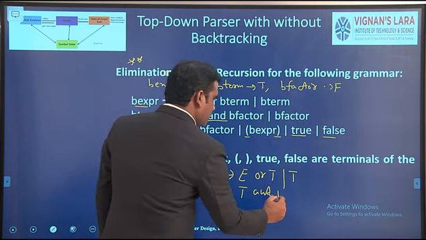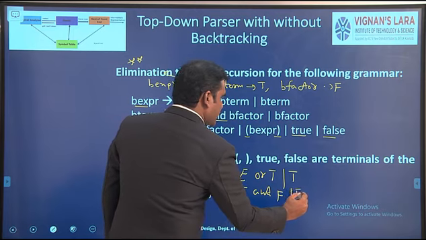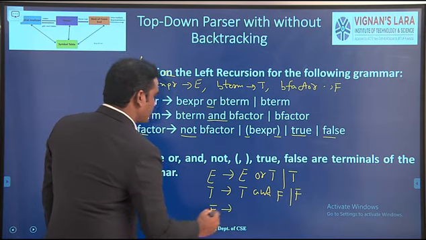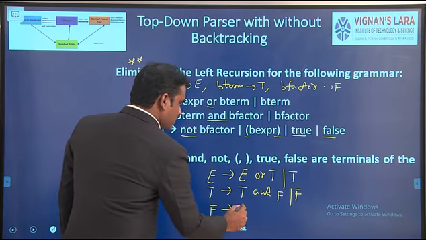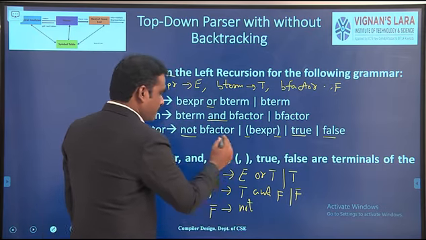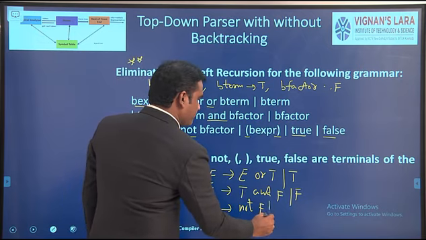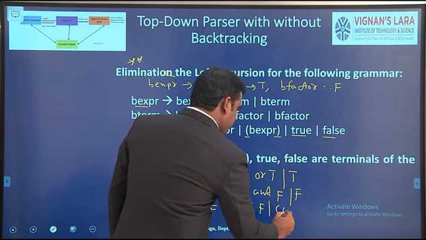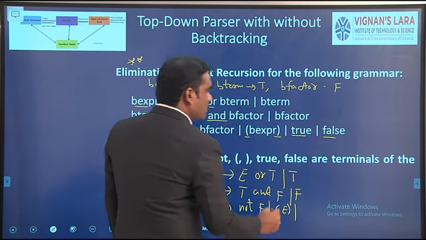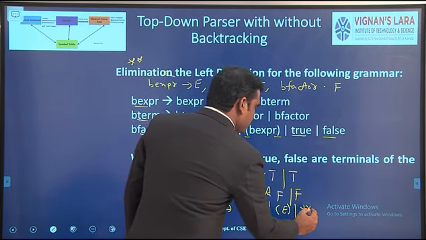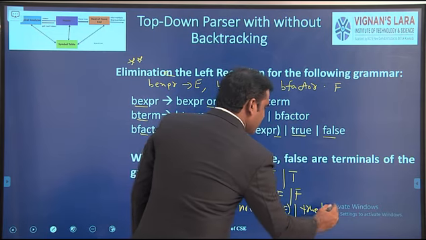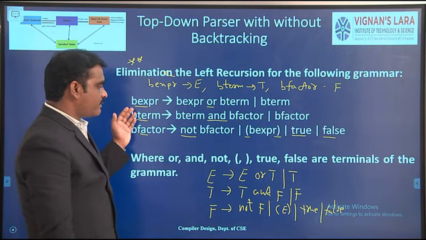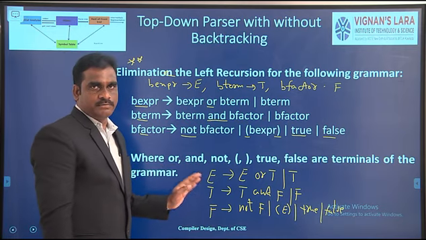B factor means F. Again F. F → not F, F. Not is a terminal. B factor F. Open parenthesis, B expression E. True, terminal. False, terminal. So in this way, first the given grammar is converted into simple form.